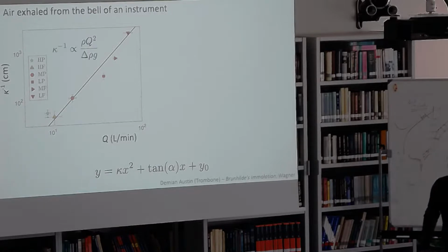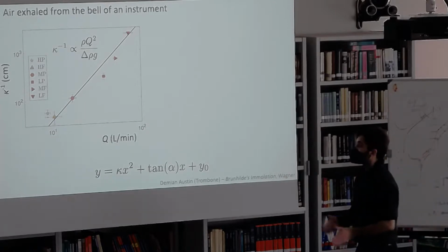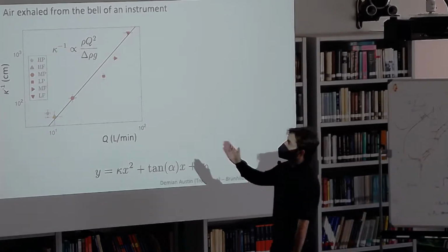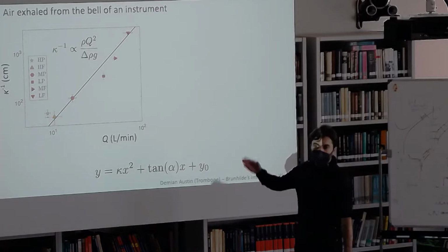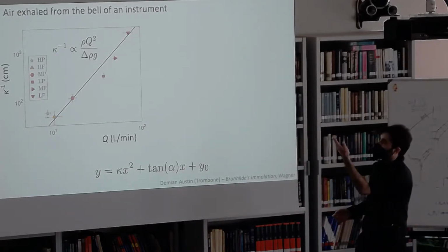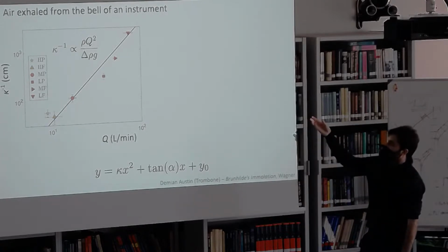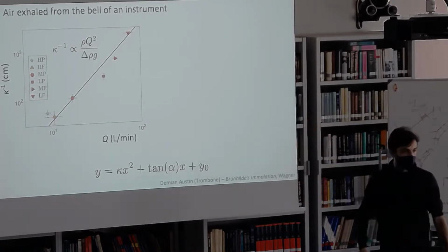The reason is that you once again have buoyancy versus inertia, and so the very simple scaling you can get is that the radius of curvature will be proportional to the square of the flow rate. You have this dimension, which is a balance between inertia and buoyancy.